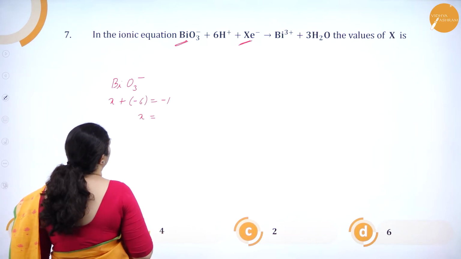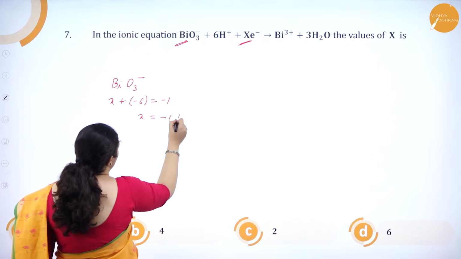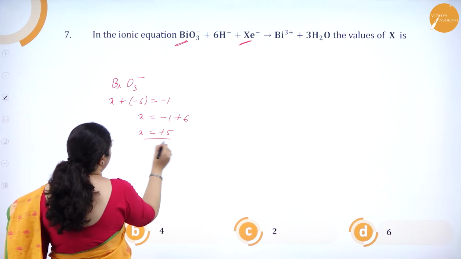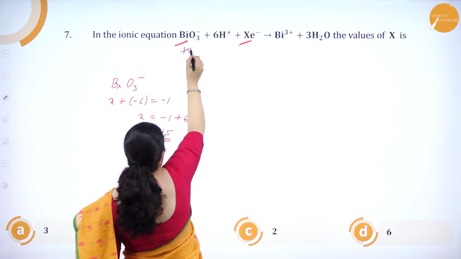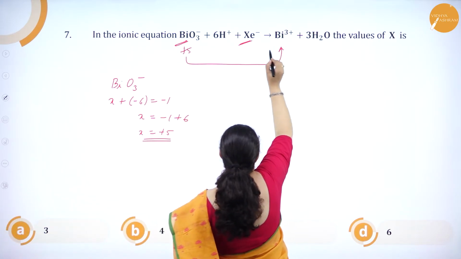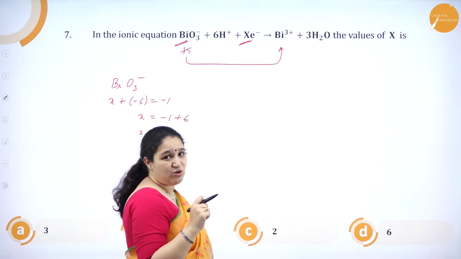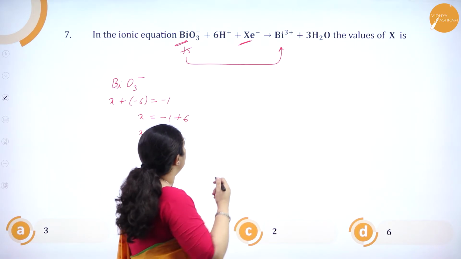X is equal to minus 1 plus 6. So X is equal to plus 5 state. So this is in plus 5 state, which is getting converted to plus 3 state. So there is a change in 2 units. That means 2 electrons have to be accepted.